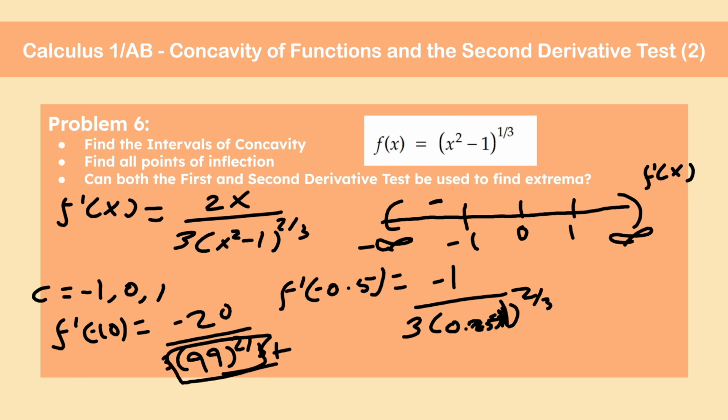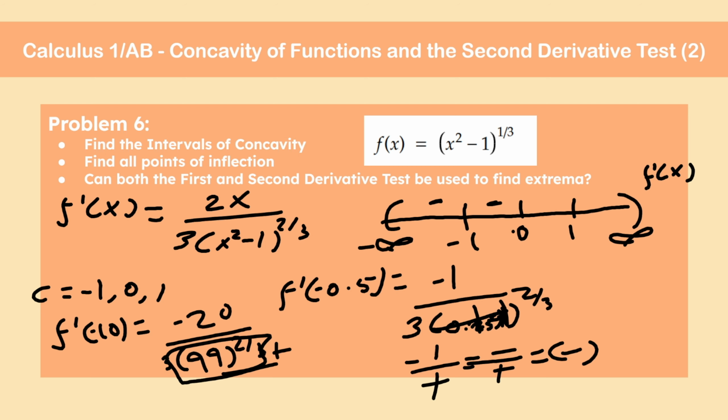No matter what, that's going to be positive because there's a 2 in the exponent. So this would just be negative 1 over positive, or negative over positive, which would just be negative, which means that this interval is also negative.